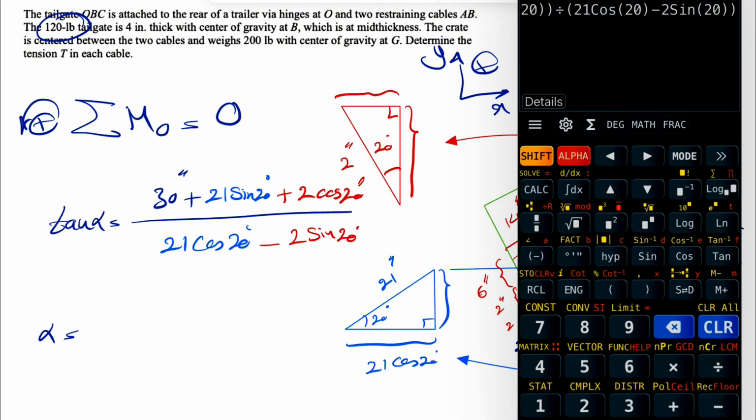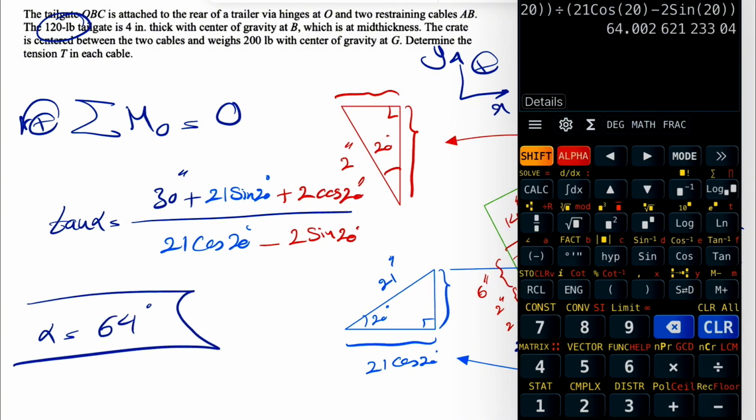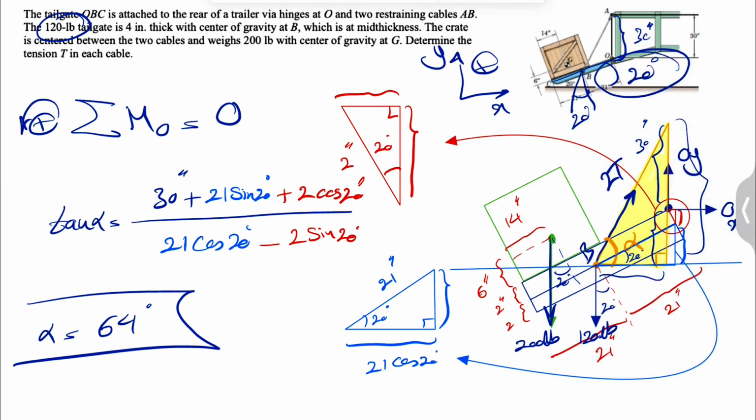Let's see what we get. This is going to give us 64 degrees, which would be the correct angle for this. Again, don't forget to include these two in your calculations. If you see that your answer is a bit off, it's probably because you missed that part.